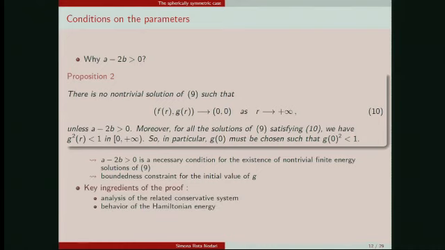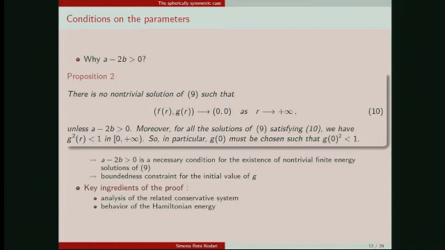The key ingredients of the proof of this proposition are the analysis of the relative conservative system associated to the object of our study and the behavior of the Hamiltonian energy. More precisely, there is a conservative system associated to the system that we want to study, that is the following one.